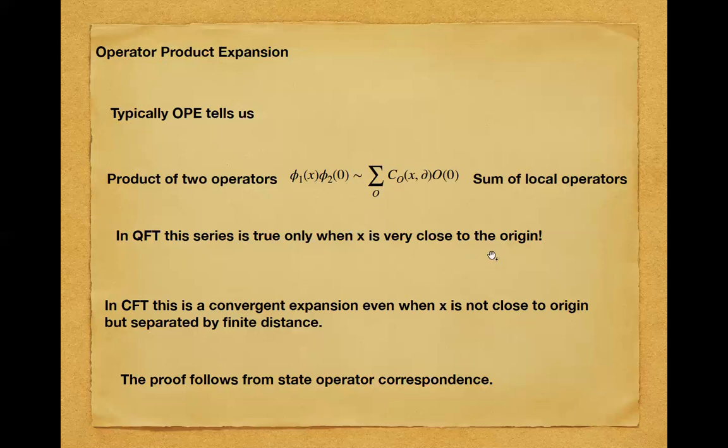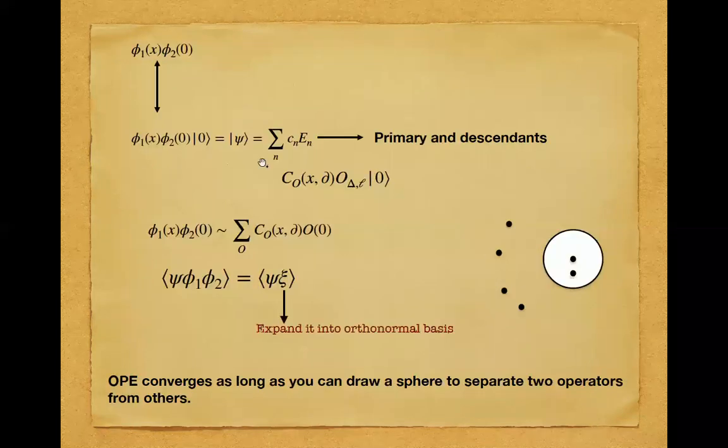Okay. All right. So the proof of this fact follows from the following thing. Suppose you have two operators, phi1(x) and phi2 at 0. So phi1 is at x and phi2 at 0. Then immediately you can associate a state on a sphere. These two operators acting on the vacuum create some state psi on the sphere, right?